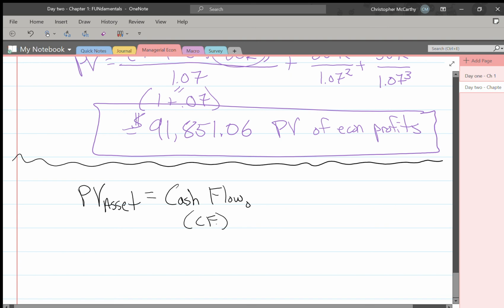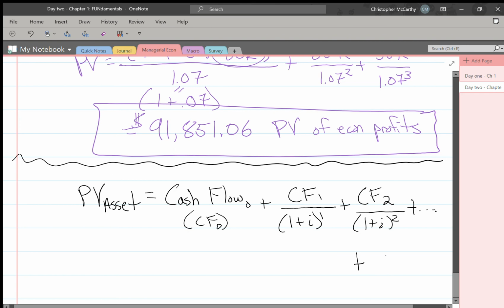So CF0 plus my cash flow from year 1 over 1 plus I to the 1, plus my cash flow from year 2 over 1 plus I to the 2nd, plus... Actually, there is no cash flow n. There's no last cash flow. So we literally just have to say plus... to mean that it just goes on forever.